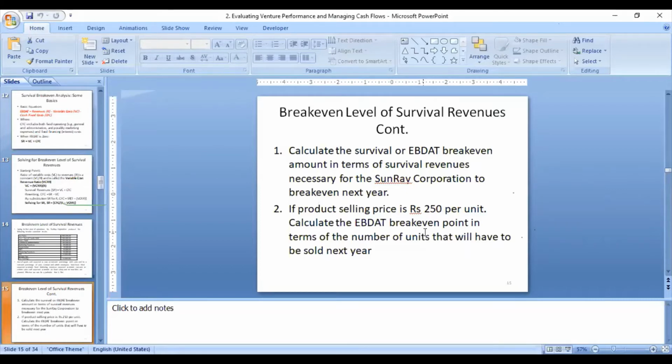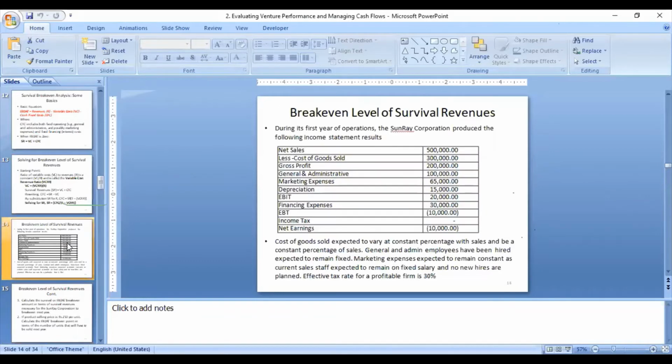And also, if the selling price of this particular product is rupees 250 per unit, calculate this break-even point in terms of units. If you know the selling price, you can get that break-even point in terms of units. So using this information, work on this survival break-even point in rupees and also in units.